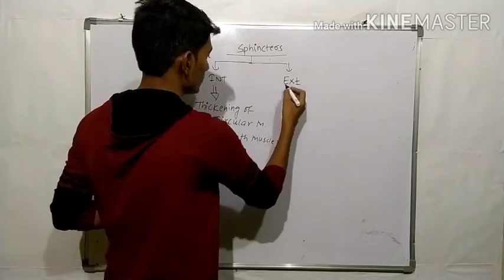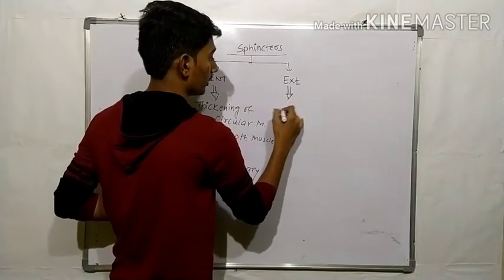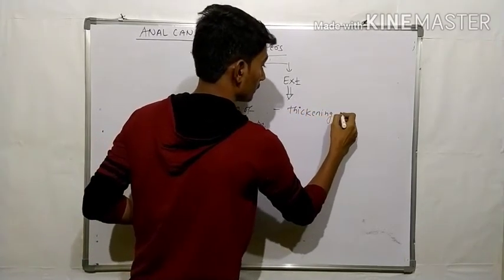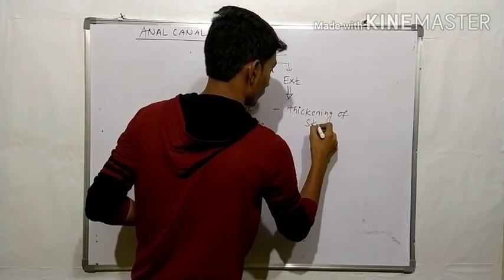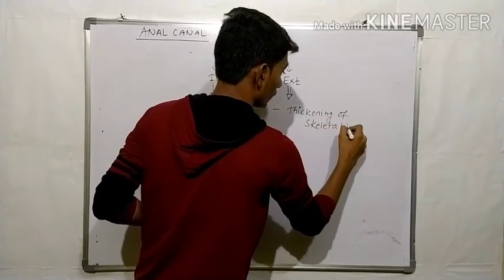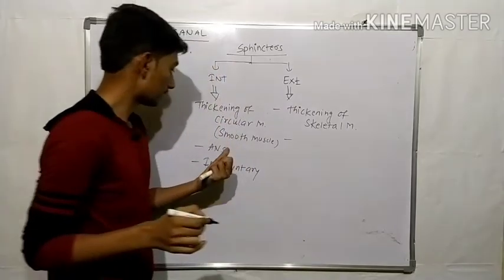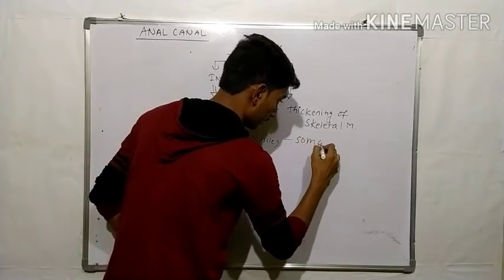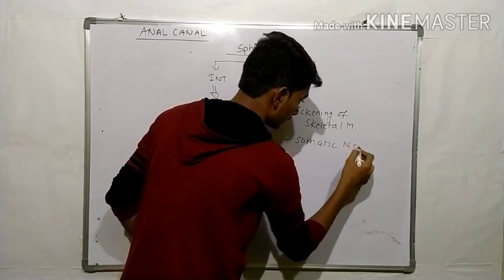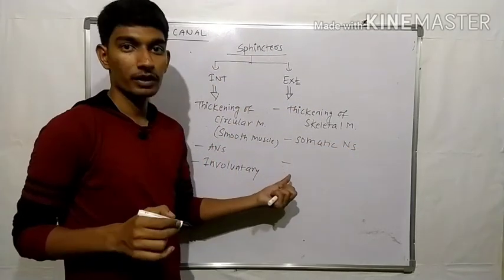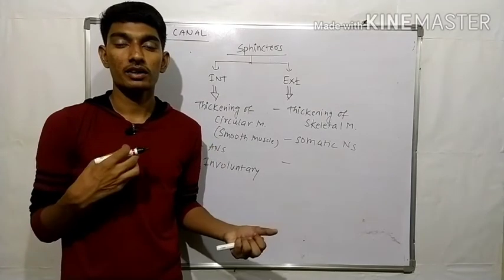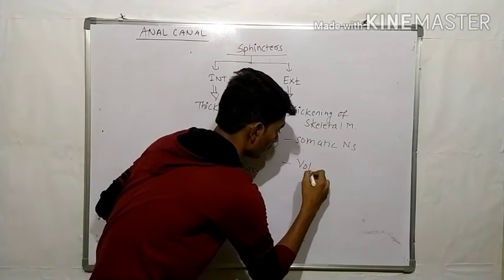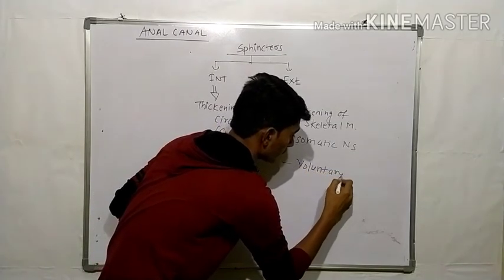And this external sphincter is formed by thickening of skeletal muscle. These are supplied by somatic nervous system, and as they are supplied by somatic nervous system, they are under the control of our will, and therefore these external sphincters are voluntary sphincter.